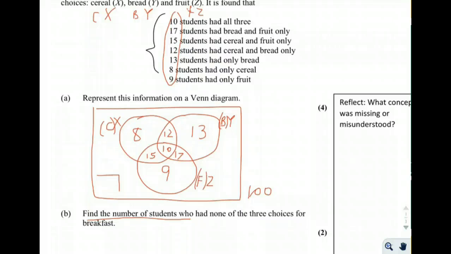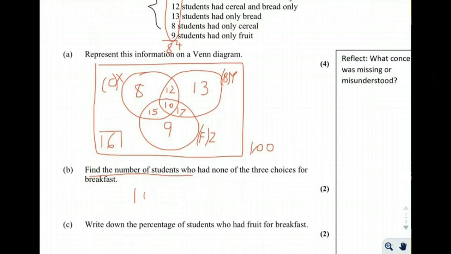Let's see, 10 plus 17 plus 15 plus 12 plus 13 plus 8 plus 9. That gives me 84. So there's 84 people accounted for here. So there must be 16 outside: 100 minus 84 equals 16.